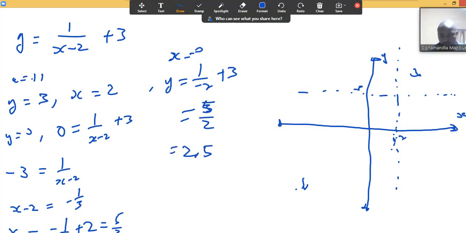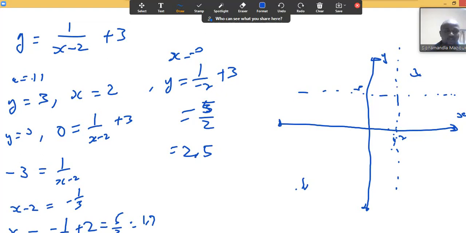And 5 over 3, that is 1.7. So you see, we're saying that x is 1.7.